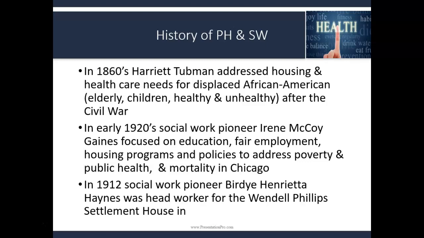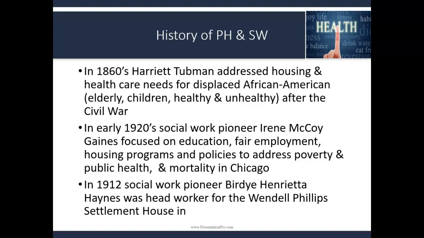In the early 1920s, social work pioneer Irene McCoy Gaines focused on education, fair employment, and housing programs and policies to address poverty and public health and mortality in Chicago.